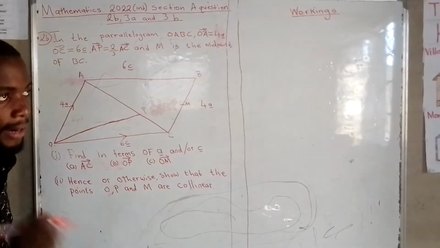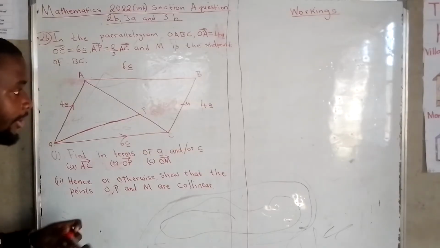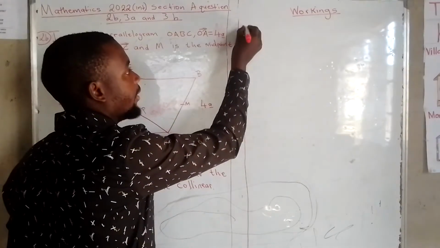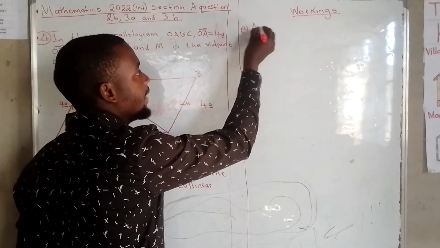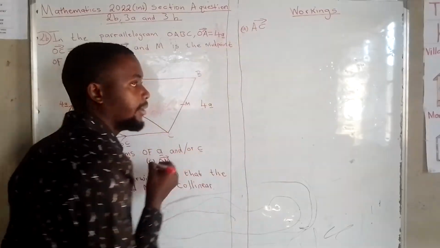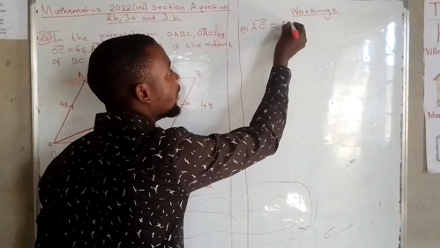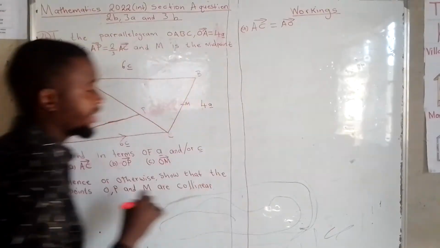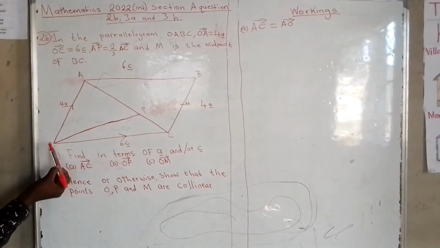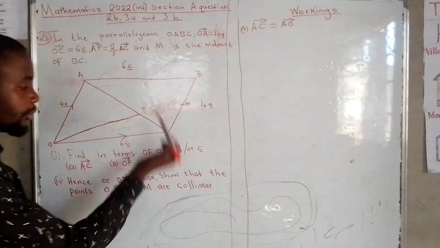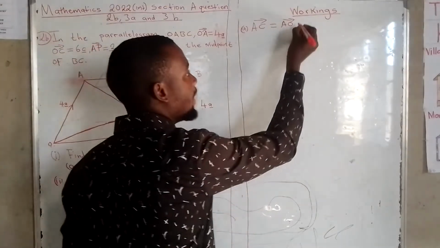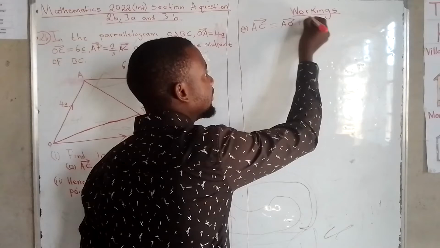So we can write our formula, very important. Let's say this is A. Then we say AC. Route AC will be equal to, we'll first start from A, then go to O. Then from O, we'll go to C. So I'm going to say plus OC.